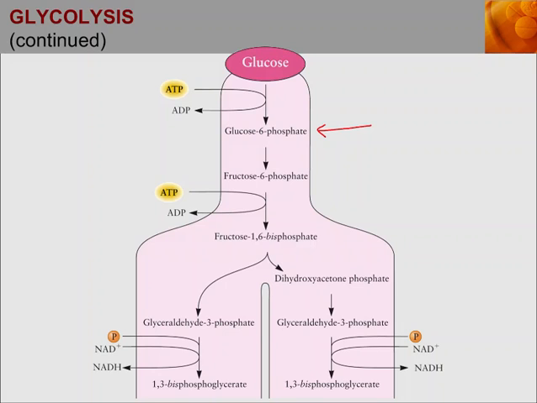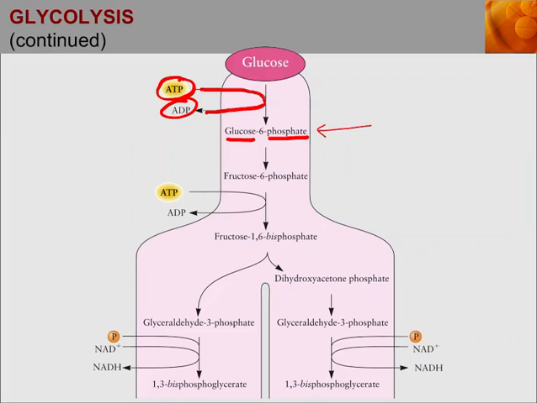And we actually use ATP to help provide energy for that process. Notice that ATP is going to give one of its phosphate groups to glucose. So ATP loses a phosphate that bonds to glucose, and then we have ADP at the end.